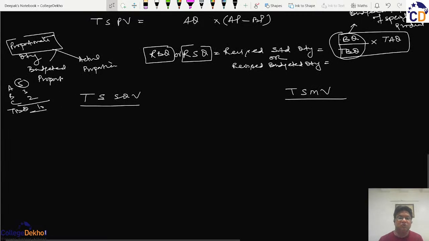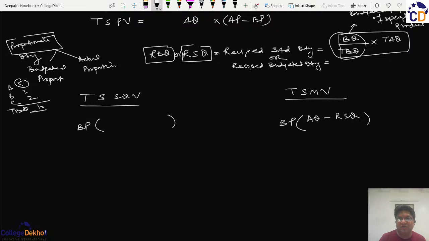Okay, so in both these cases we will multiply the budgeted price with the difference. So here it will be the difference of actual quantity with the revised standard quantity, and in this case it will be the difference of revised standard quantity with the budgeted quantity.